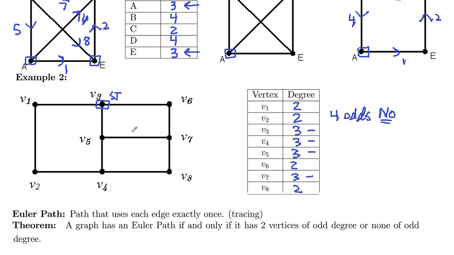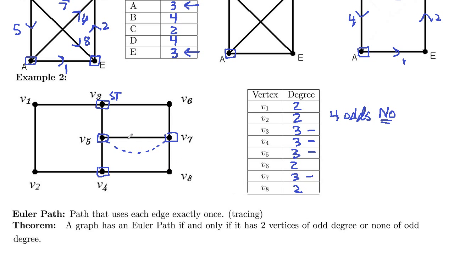However, sometimes when you can't trace, let's go ahead and box in our odd vertices. That's an odd one. This is odd. And this one's odd. Sometimes when you can't trace, you can add an edge so that you can trace it. So for example, if we added an edge between vertex 5 and vertex 7, that's what the V stands for, vertex, and the subscript is just numbering those guys.